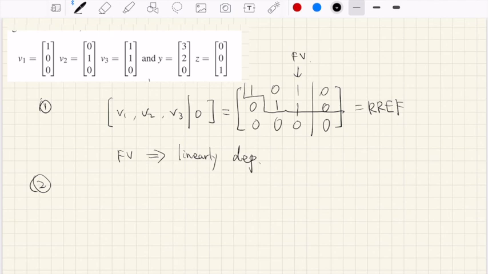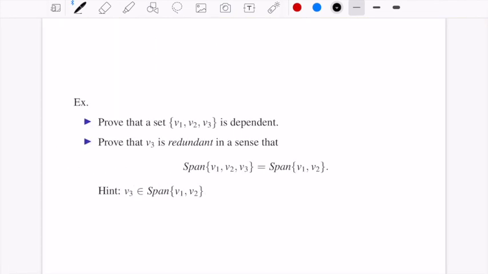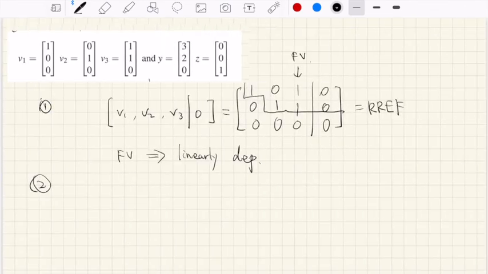Now, the second one is asking for span of V1, V2, V3 equals span of V1, V2. So it's enough to show V3 is a linear combination of V1, V2.